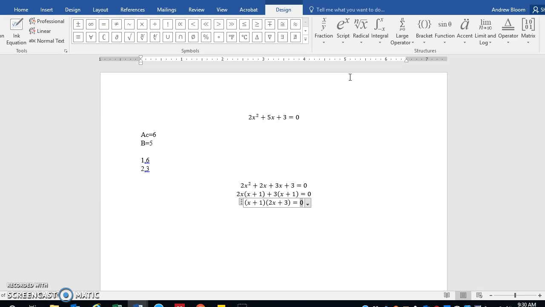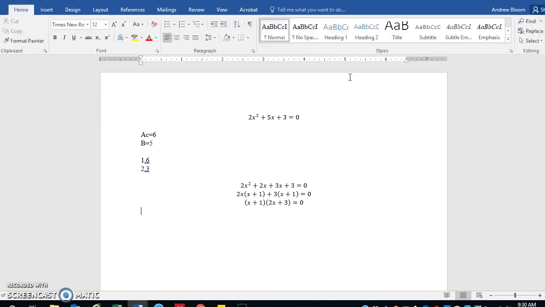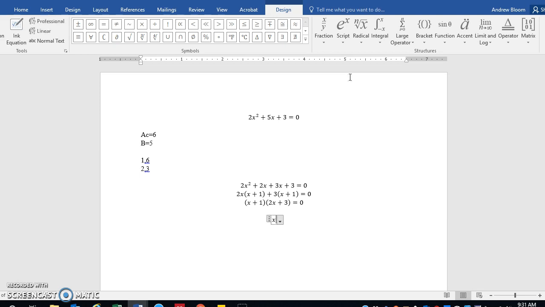But the only way to multiply two numbers together and get 0 is for one of them to be equal to 0. And so we're going to use that fact. We know that if x plus 1 times 2x plus 3 is equal to 0, then either x plus 1 equals 0 or 2x plus 3 is equal to 0. It's the only way that it can happen.